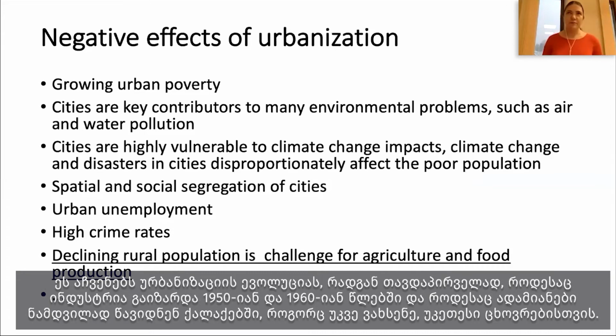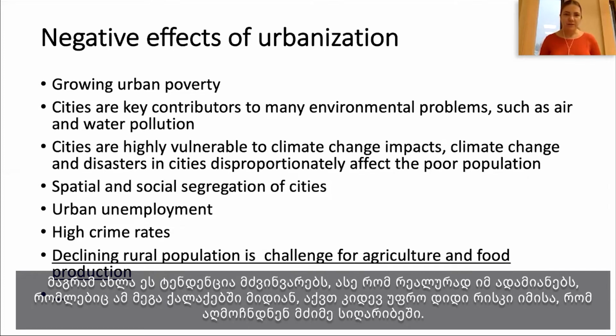So this shows the evolution of the urbanization, because initially, when the industry grew in the 1950s, 1960s, when people went to the towns, they went there to, as I said, get the better life. But now the trend is turning. So actually those people who end up in those megacities have an even bigger risk to end up in severe poverty.